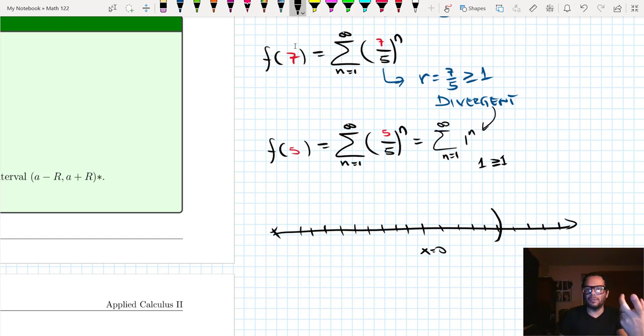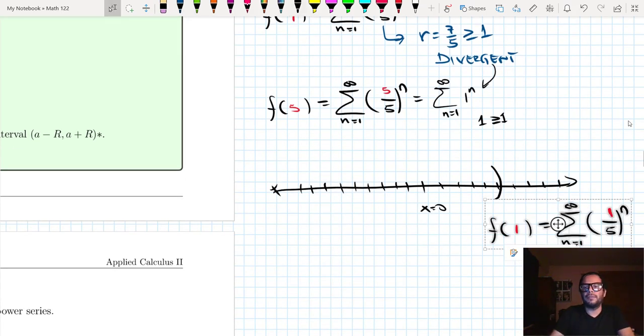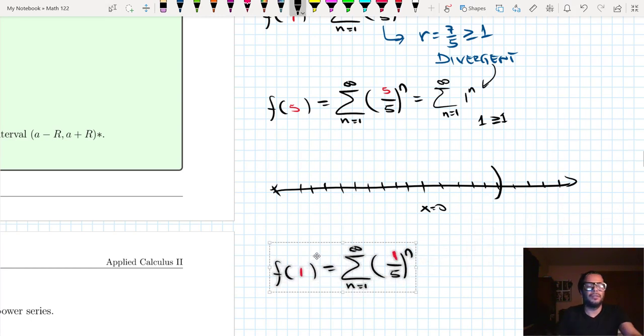Let me do one with negative. This time I'm going to do -4. So r, which is -4/5, has absolute value 4/5, and this is still less than 1, so it converges.